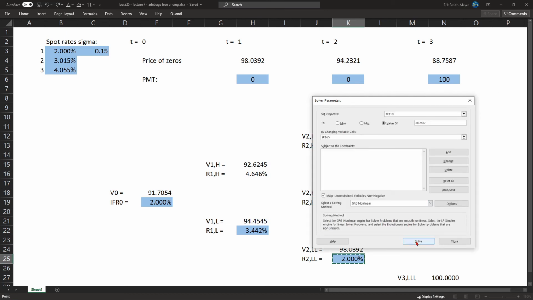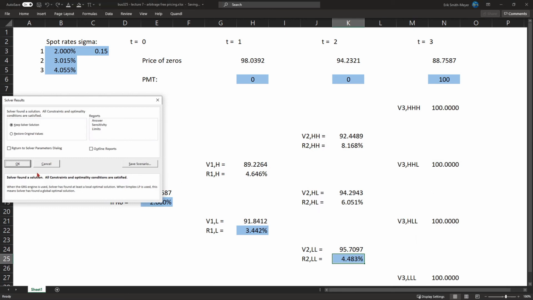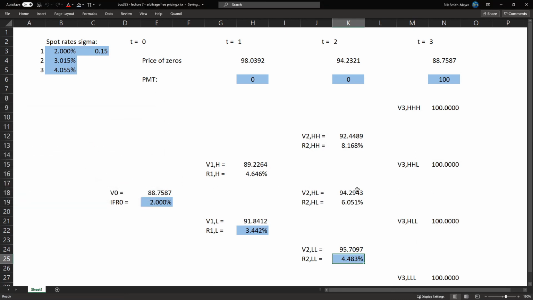Okay, and we click solve, and we keep the solver solution. So the down move is actually 4.483%, and this medium interest rate is just two standard deviations above this low rate, and this high rate is 4 standard deviations above the low rate. Okay, so let's see if we get the expected result.